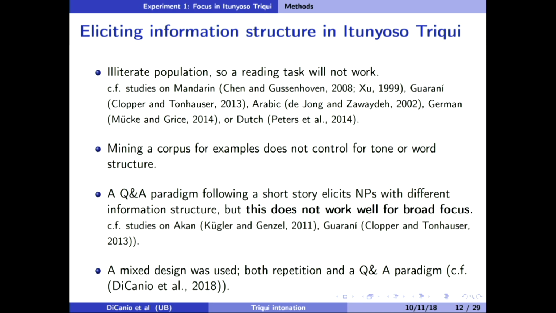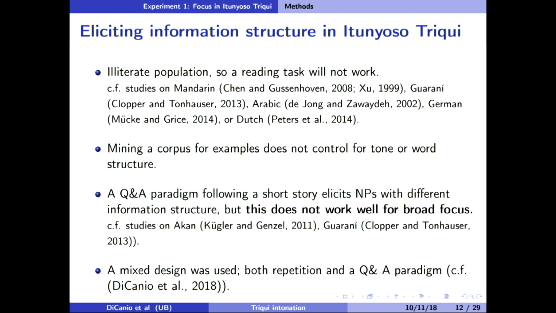Yes, thank you. I'd like to begin by discussing a little bit how we came to settle on the experimental design that I'll be discussing today. So the Itunyoso Triqui population is mostly literate in Spanish, but pre-literate in the indigenous language.